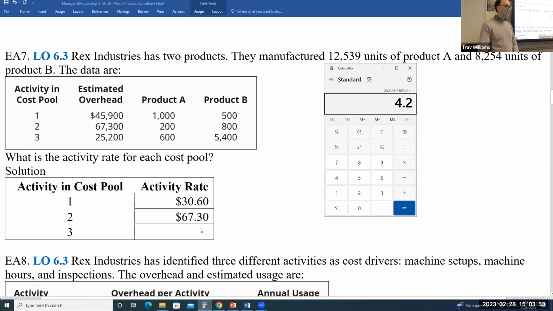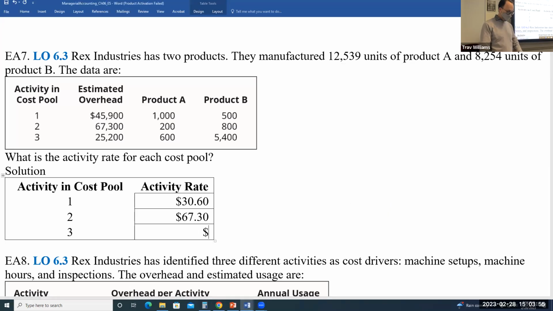We get $4.20. Remember, to get your rate, it's divided by the total of that activity for all products. And then you apply it by the activity per product, right?